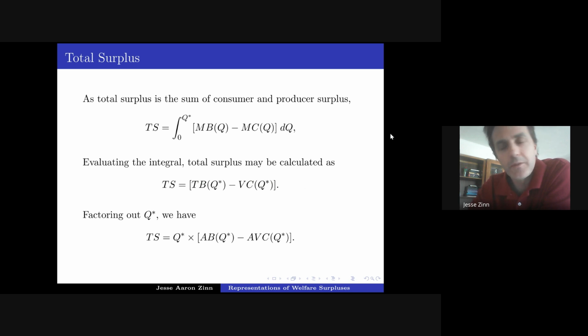All right, so of course, we can add producer surplus and consumer surplus together to find total surplus, or social surplus in some textbooks. Total surplus is the sum of consumer and producer surplus.